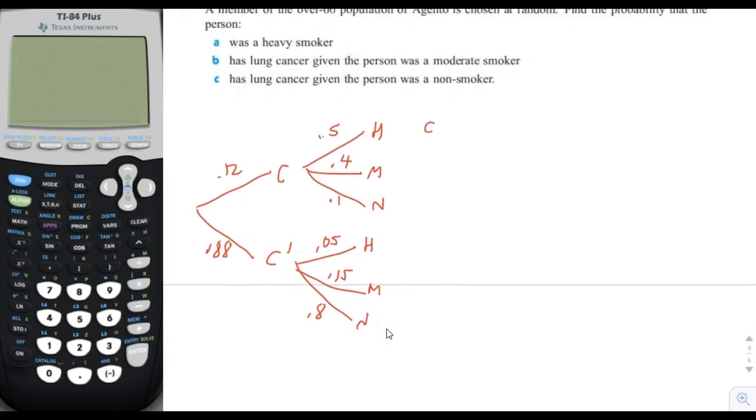So, for example, cancer intersect with heavy smoker is going to be 0.06. Cancer intersect with moderate smoker is going to be 0.048. And then cancer intersect with non-smoker is going to be 0.012.